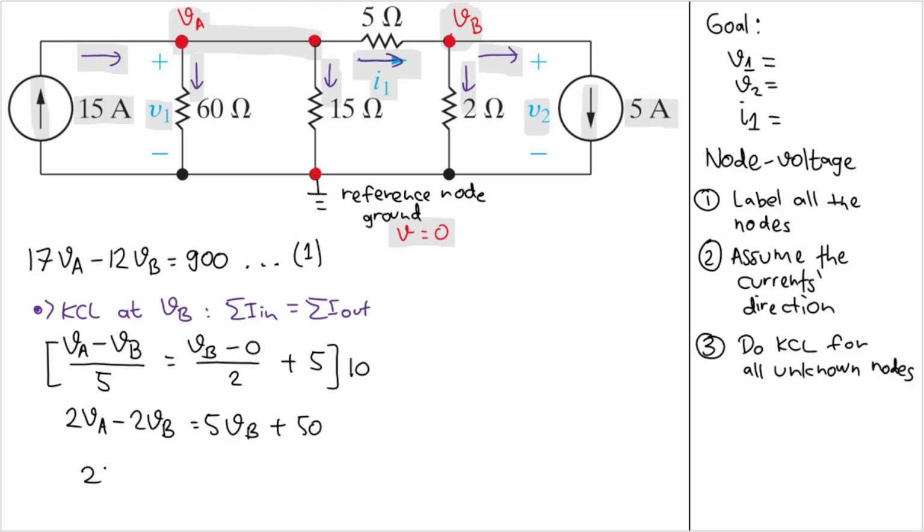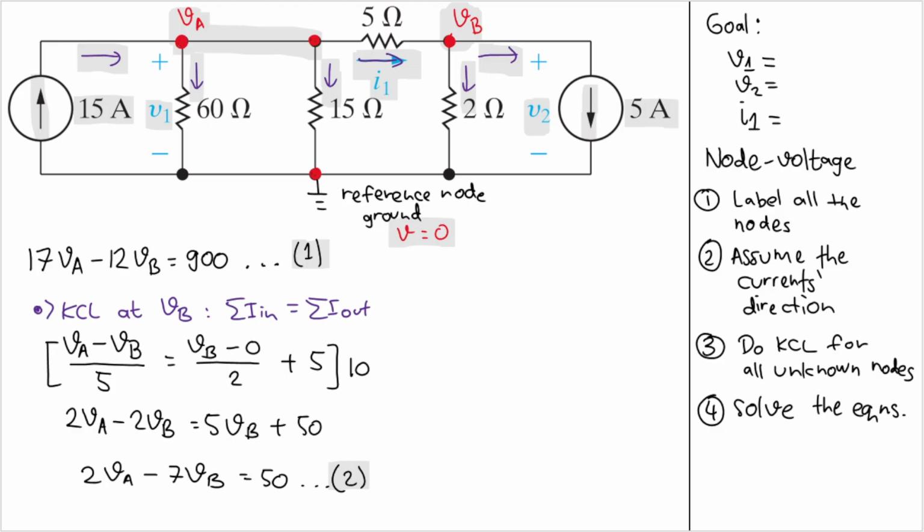So we will have 2 VA minus 7 VB, and that will equal to 50, right? So let's save this as equation number 2. Okay, good. So now we have 2 equations and 2 variables. And let's do the next step, which is to solve the equation, right? And we will get the value of VA and VB. Solve the equations.